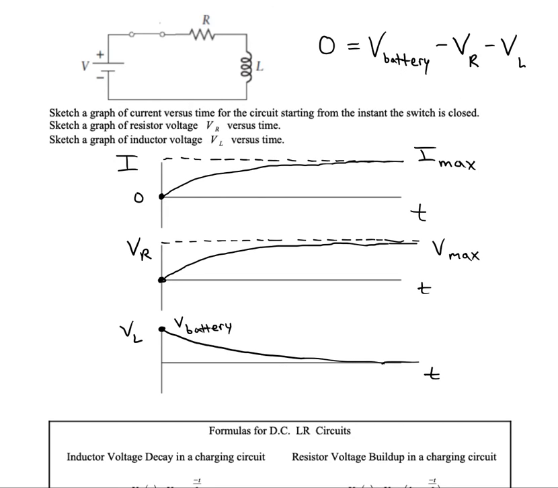Now the voltage of the battery is always going to be 10 volts. So what this will show, if we solve it, is that the voltage across the battery is always going to equal the resistor voltage plus inductor voltage.